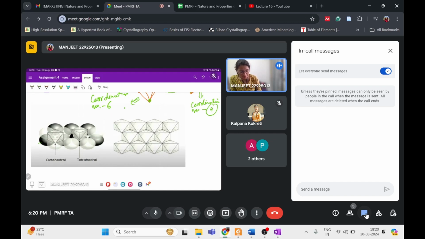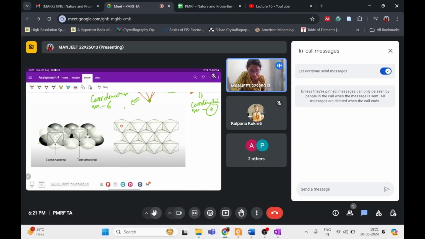Now, it is not necessary that in a crystal structure there will be only one type of vacancy site, either octahedral or tetrahedral. It can be octahedral, it can be tetrahedral, and both kinds of vacancy can also exist.